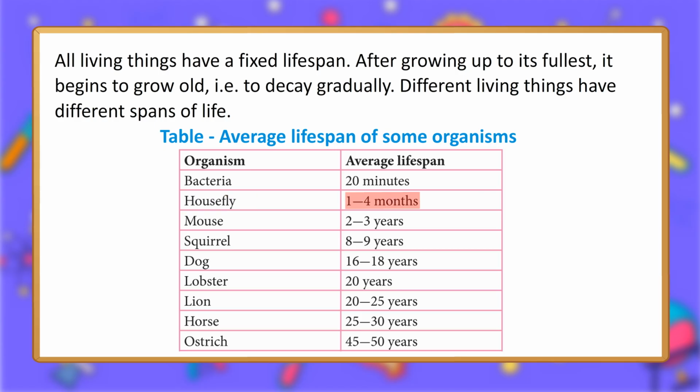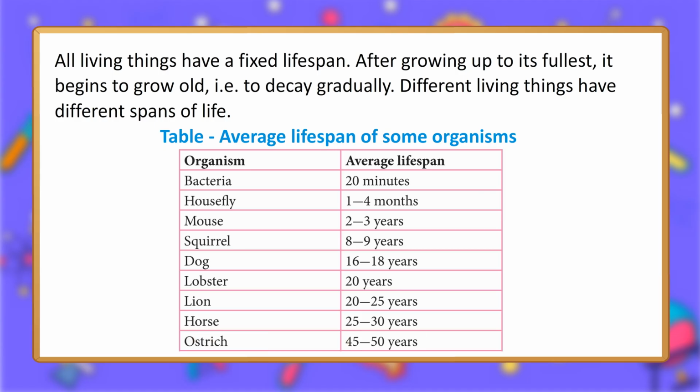Housefly: 1 to 4 months. Mouse: 2 to 3 years. Squirrel: 8 to 9 years. Dog: 16 to 18 years. Lobster: 20 years. Lion: 20 to 25 years. Horse: 25 to 30 years.